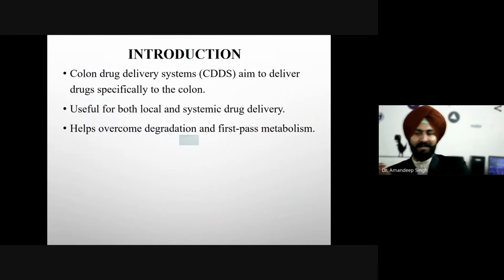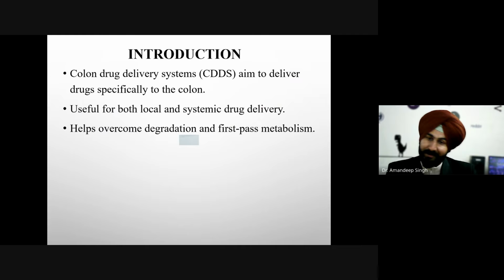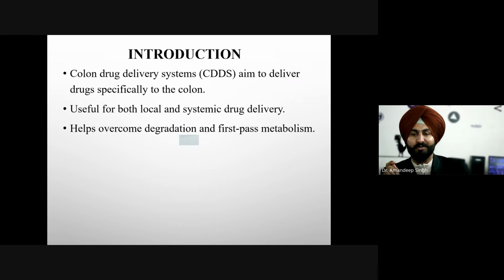First of all, it is essential to clarify what the need for colon drug delivery systems is. In ulcerative colitis, Crohn disease and cancer, it is essential to target the disease site so that we can minimize side effects.